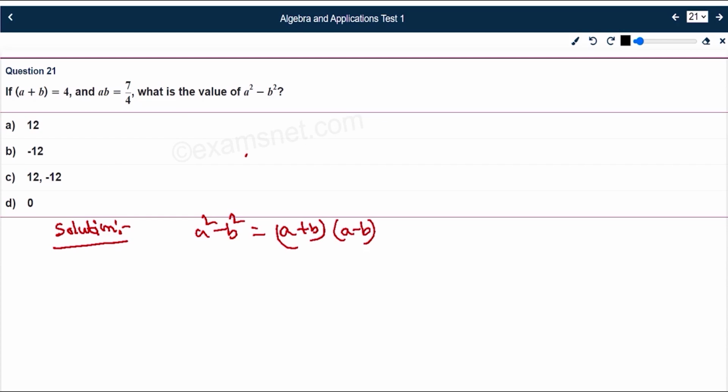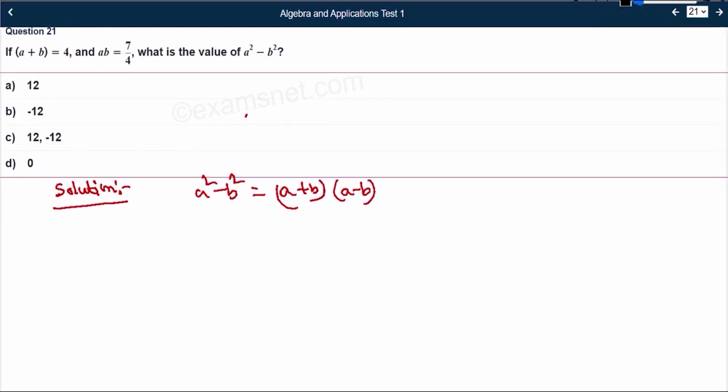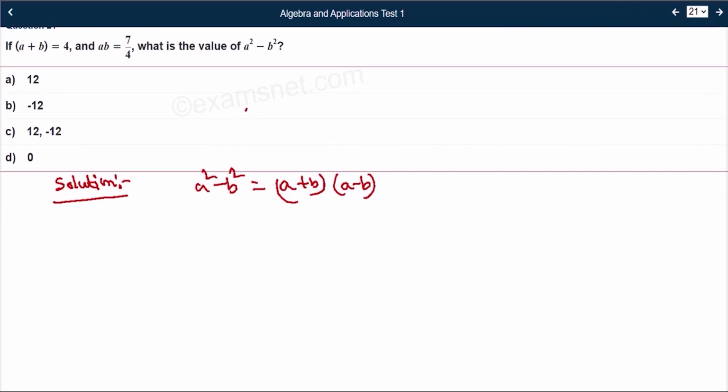Now here we are already given the value of a plus b, so we need to find the value of a minus b. Let me write all the given information first: a plus b is 4 and ab is 7 by 4. How can we find a minus b with the help of a plus b?